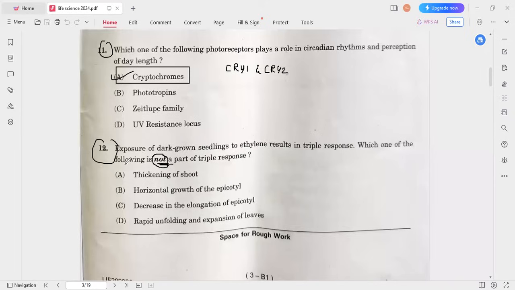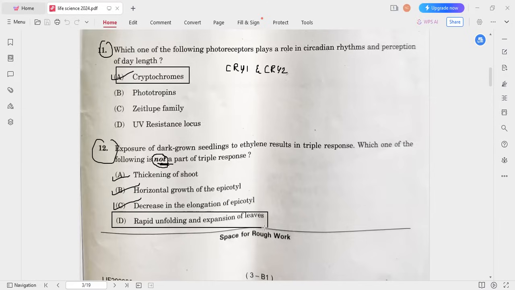When dark grown seedlings are exposed to ethylene, thickening of the shoot is one of the responses, horizontal growth of the epicotyl is also one of the responses, and decrease in the elongation of the epicotyl is also one of the responses. But option D, rapid unfolding and expansion of leaves, is not a triple response to the ethylene hormone.